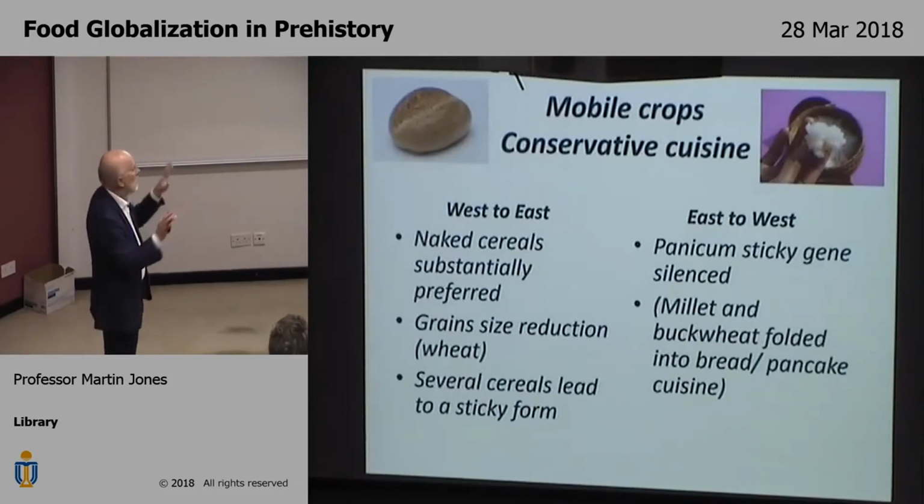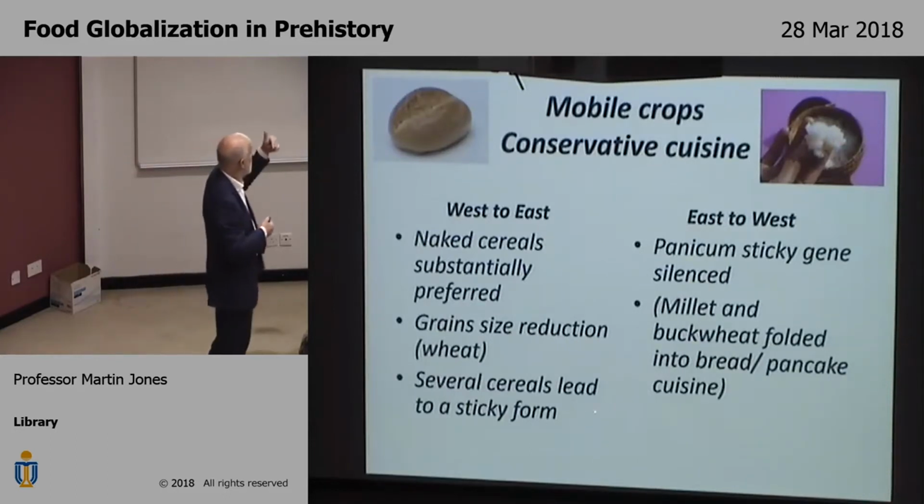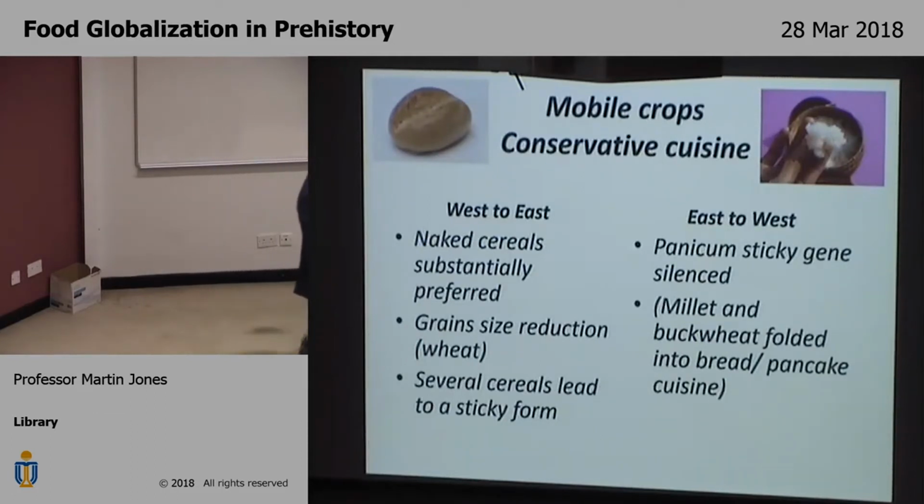very conservative. And so as cereals move from west to east, you have naked cereals preferred, and that's another thing in relation to whole grain cuisine. The size of grains is reduced, and something I haven't mentioned so far, but several Western cereals adopt a sticky form in the East.